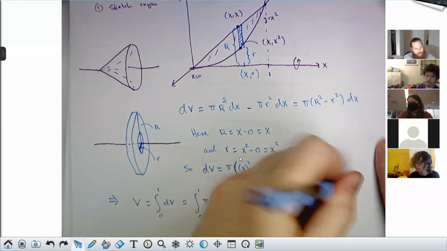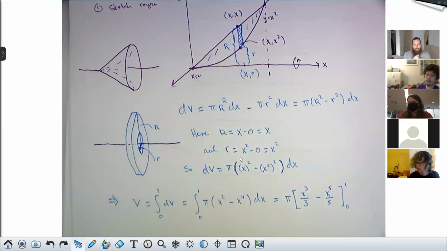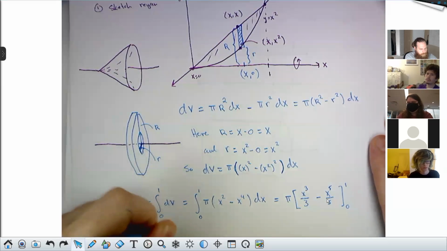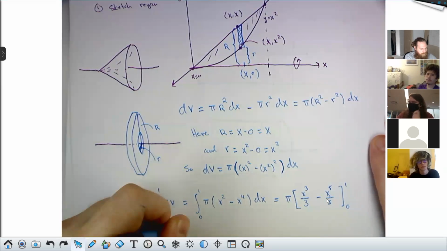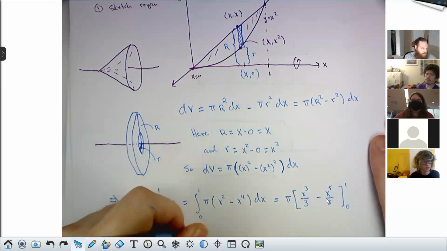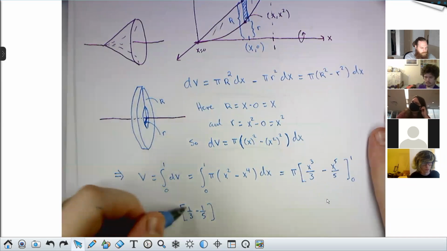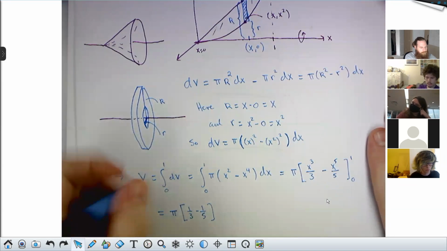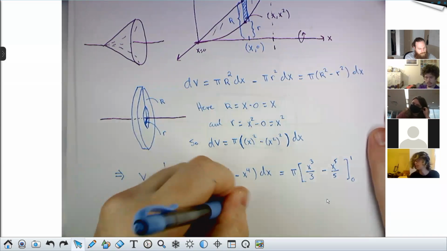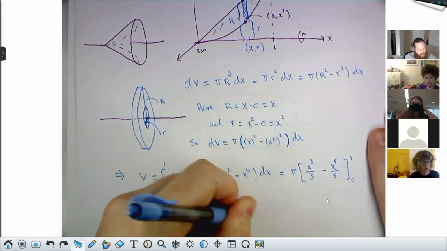And again, we evaluate from 0 to 1. At 0, I get nothing because these are both 0 at 0. At 1, I'll have 1/3 minus 1/5. So this is pi times 1/3 minus 1/5. With a common denominator, this would be 5/15 minus 3/15, which is 2/15. So that's 2 pi over 15.